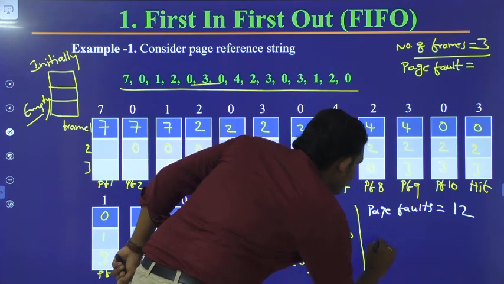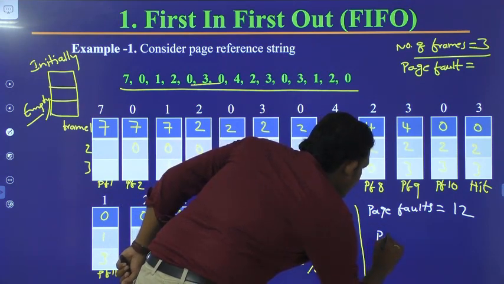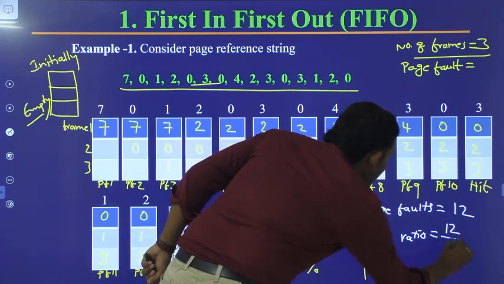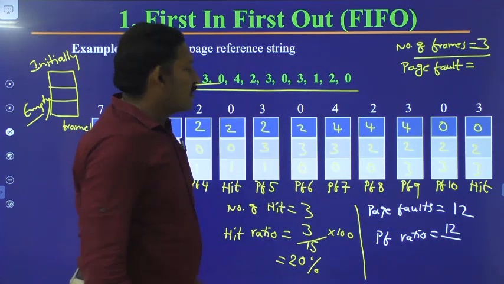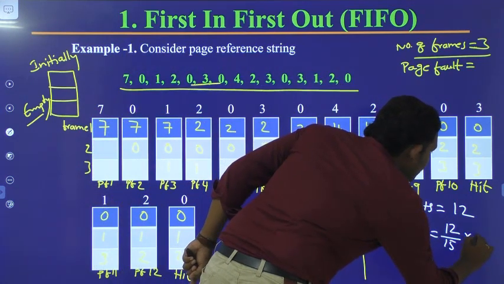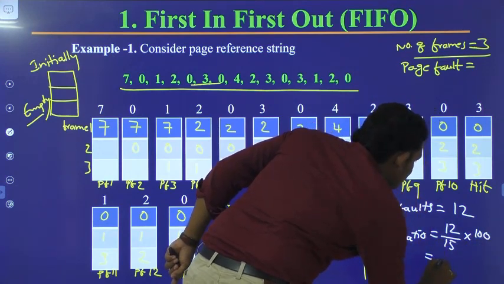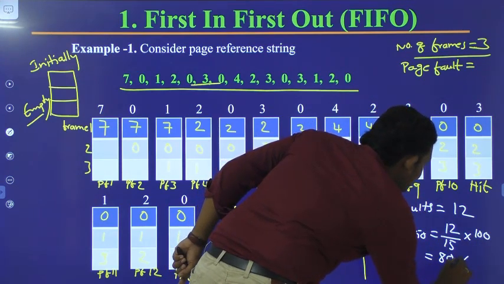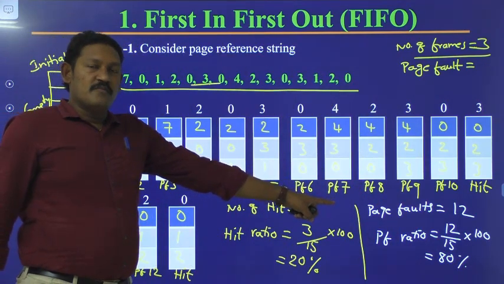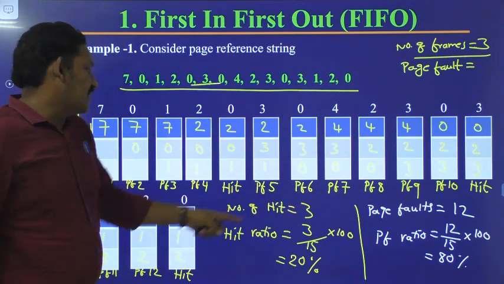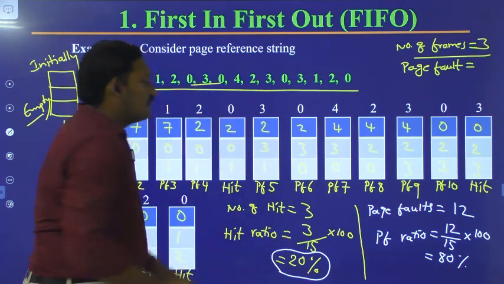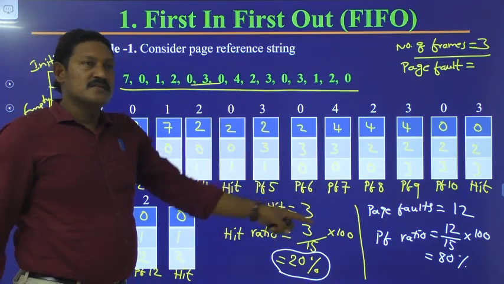The page fault ratio is 12 divided by the total number of reference strings, 15, into 100. So it is 80%. The number of page faults is 12 and the number of hits is 3. The hit ratio is 20% and the page fault ratio is 80%.